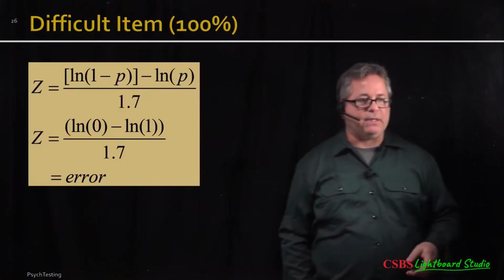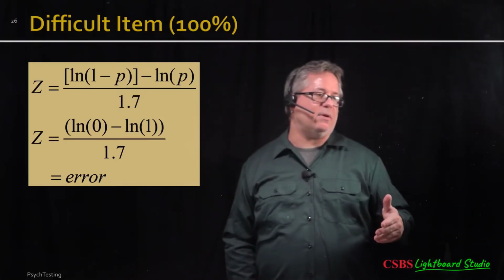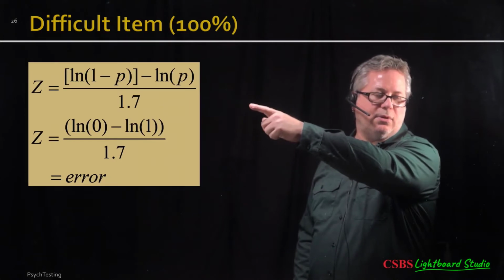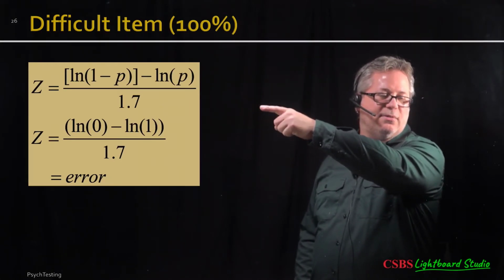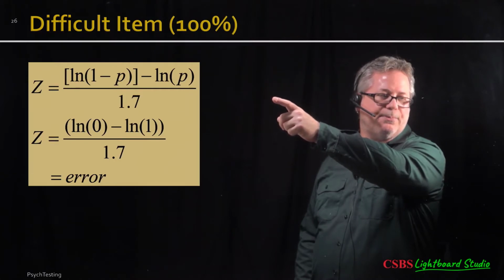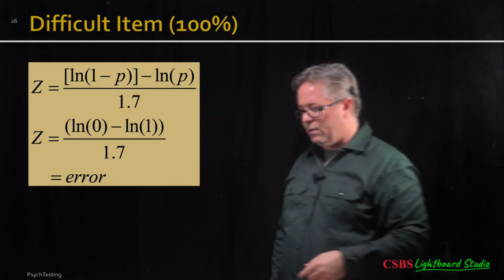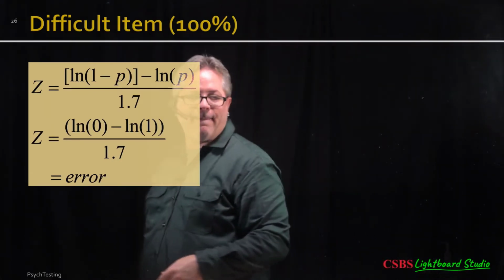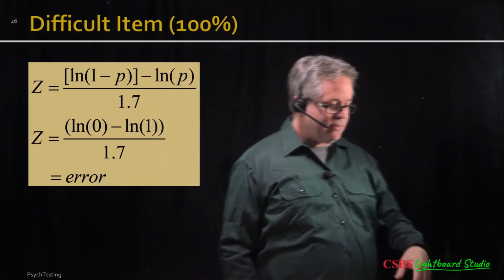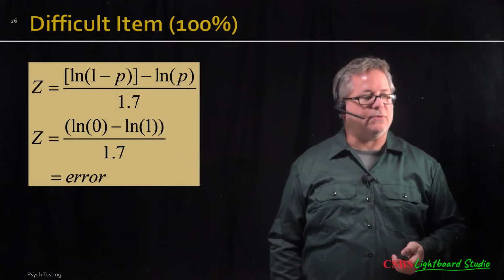You can't even calculate the z for it, because 1 minus 1 is 0, and the log of 0 is not a number. So when you try to work this out, you get an error. You can't even calculate the most extreme easiness, because it can't be calculated with the natural log.